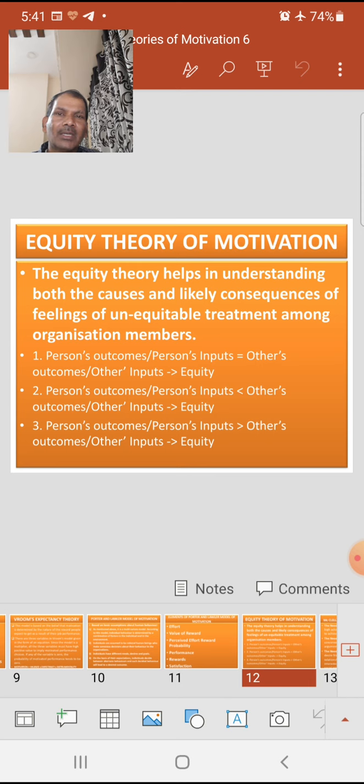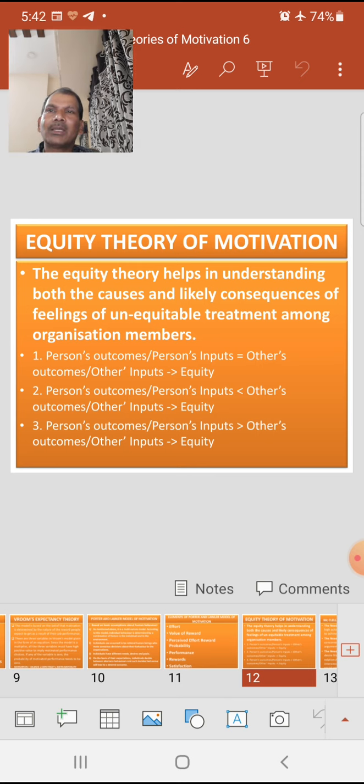An individual can receive many positive and negative outcomes from the organization, in the form of pay, working conditions, recognition, social relationships, level of supervision, and so on. The individual alone decides whether an outcome is positive or negative.